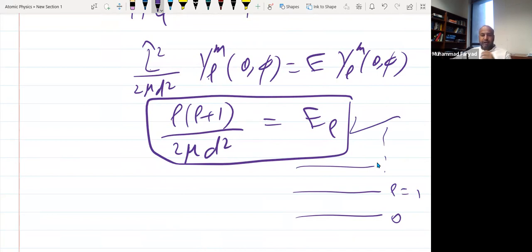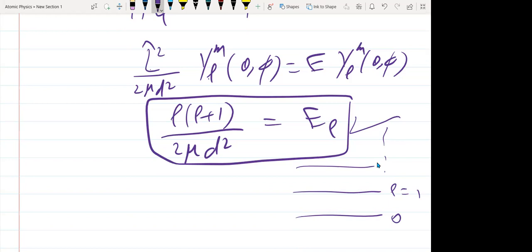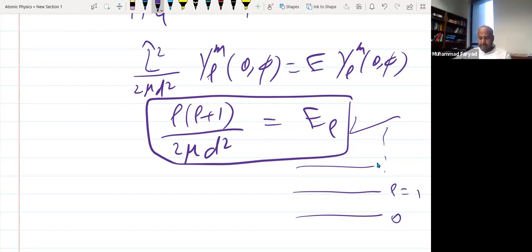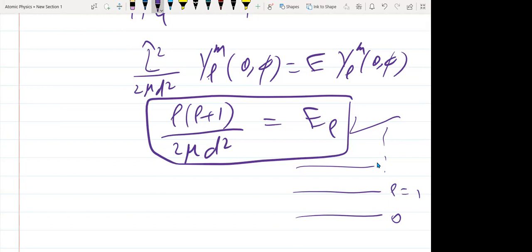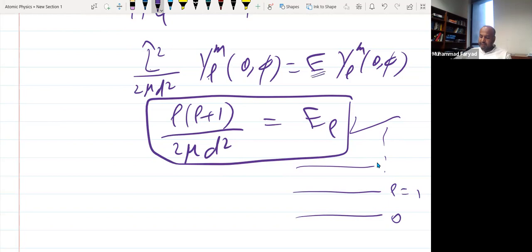Any question regarding the rigid rotor? Sir, how have you operated on the right side of the equation? I haven't operated. This E is a scalar multiple, so it just multiplies here.